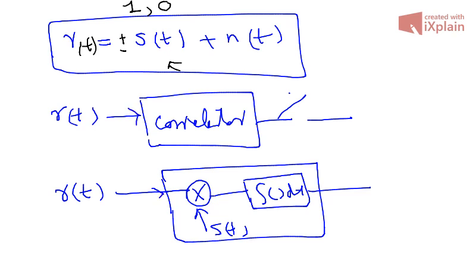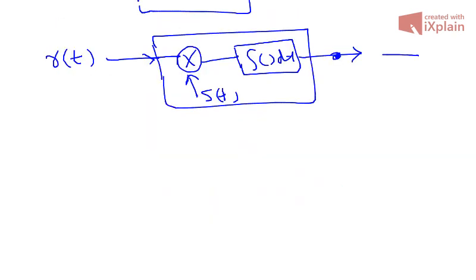The output of the integral is just r of t multiplied by s of t dt, right?